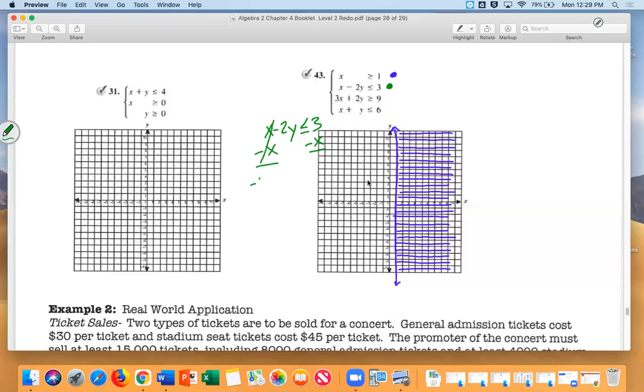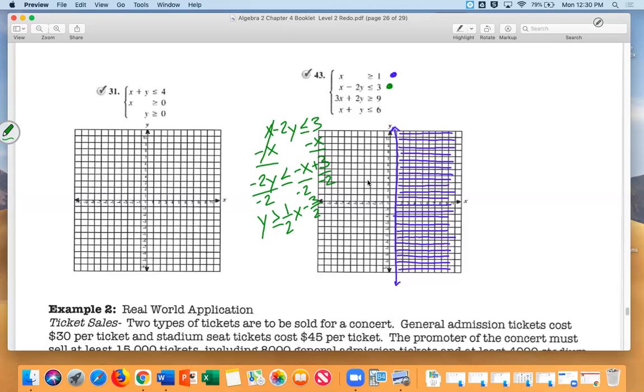That gives me negative 2y is less than or equal to negative x plus 3. And then I divide by negative 2. And I have to be careful to do what, Jay, when I divide by a negative? Flip your sign. Flip my sign. So I have y, flip my sign, 1/2 x minus 3/2.